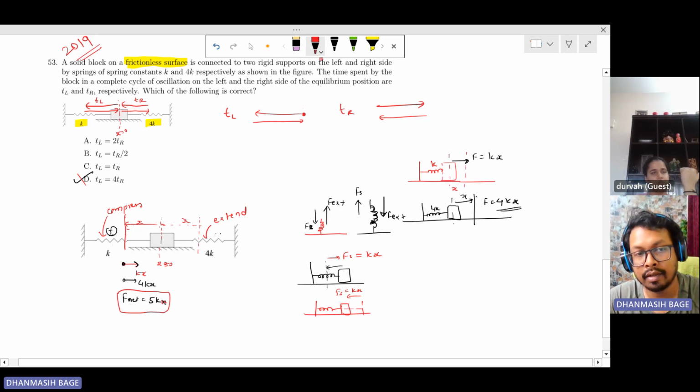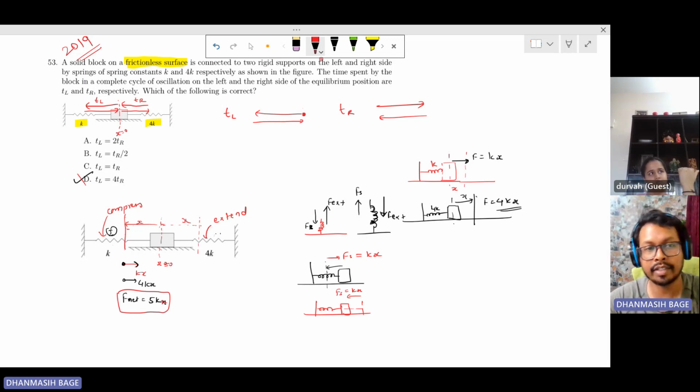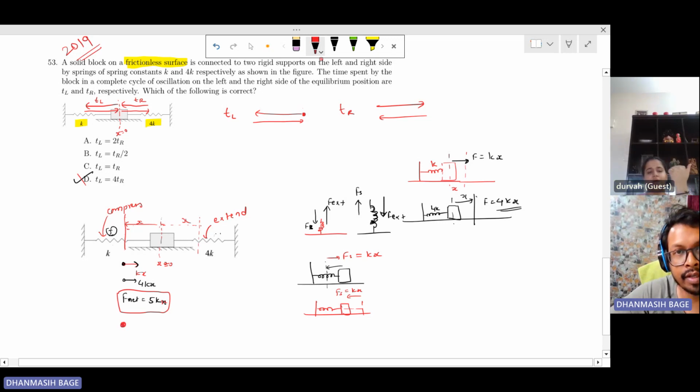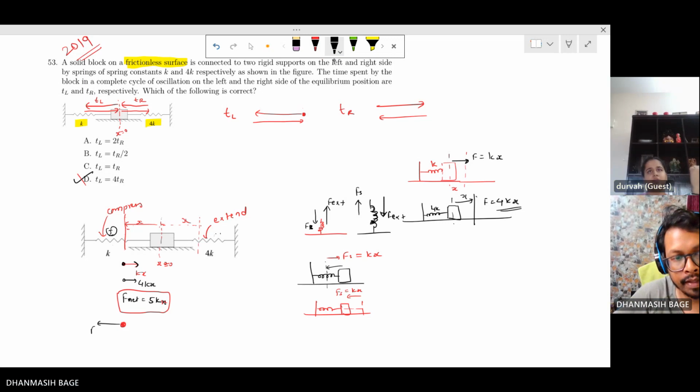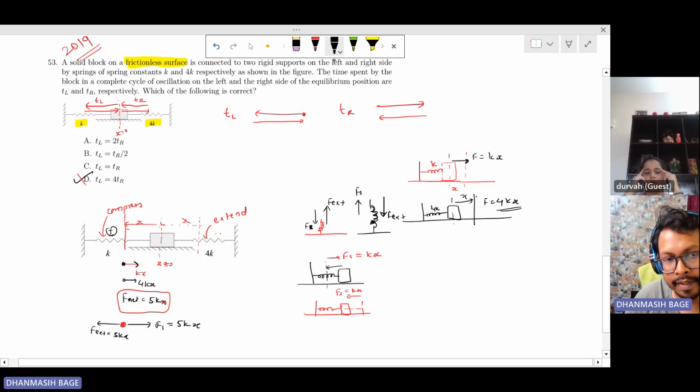When I put an external force equal to 5kx, the spring force will come into play, 5kx, in this direction. Is that clear?